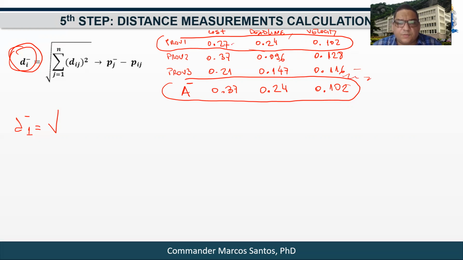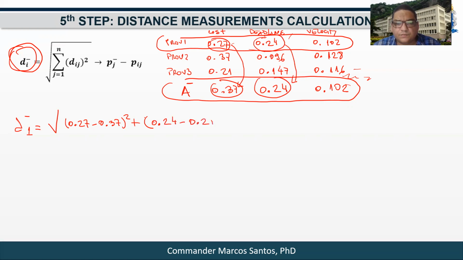Here. 0.27 minus 0.37 square plus, look at this table, 0.24 minus 0.24 square plus 0.102 minus 0.102 square.